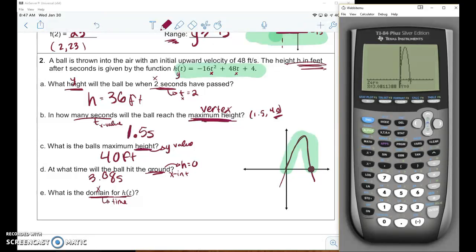We know that time cannot be negative, so our time has to start at 0. And then our time ends in this problem when the ball hits the ground, which in part D we found was 3.08 seconds. So our domain is between 0 and 3.08 seconds.